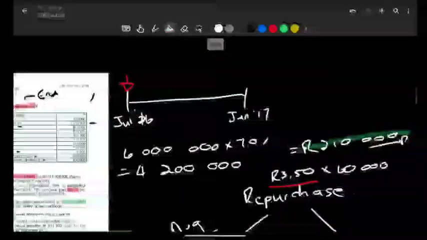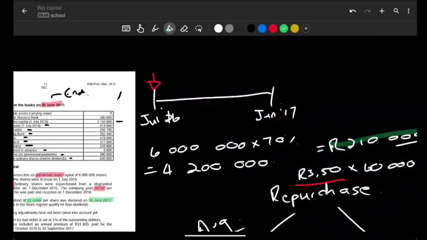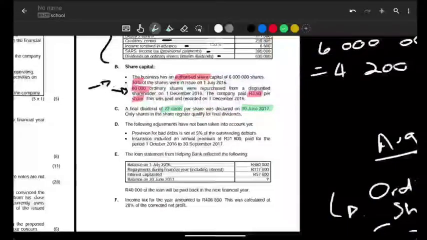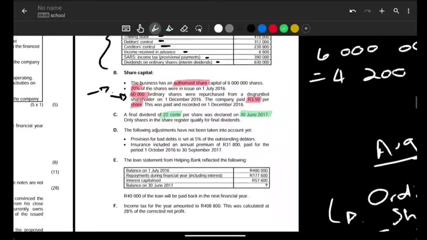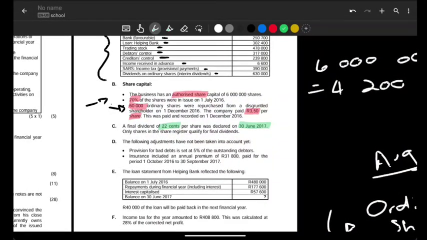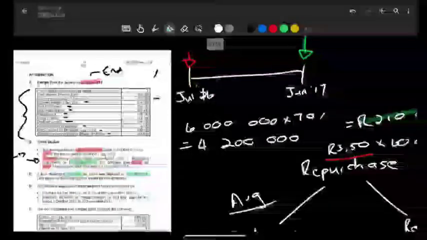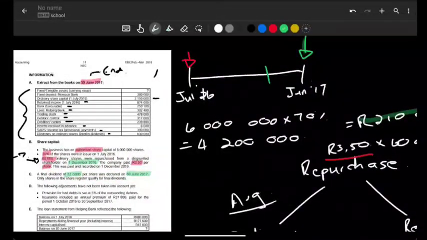Let's look at our timeline. Remember, when does our year end? 30 June 2017. So they declared this at the end of the financial year. All right. Only shares in the share register qualify for dividends, meaning that here we bought back shares, right? We bought back shares on 1 December, meaning somewhere around here we bought back shares.